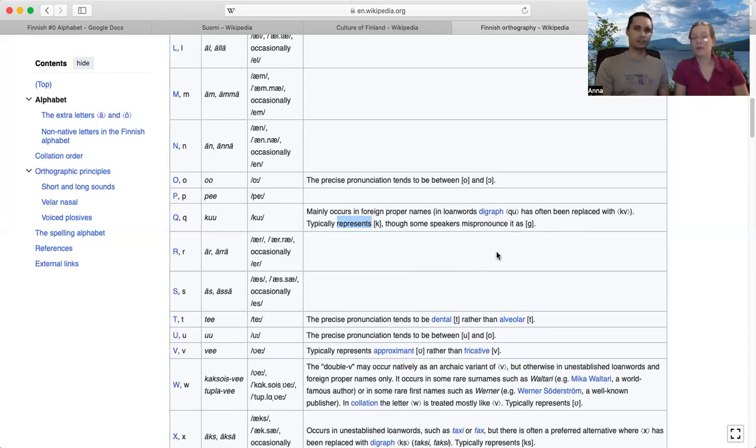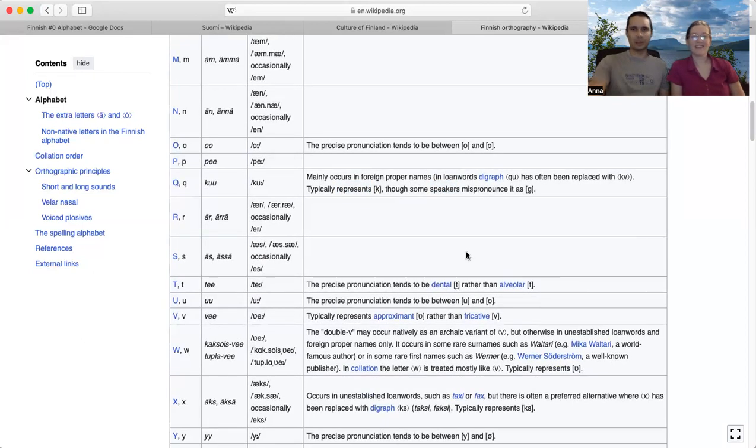Well, you're one of those native speakers who mispronounce it as G. I'm not sure if I would say it like that if the U is somewhere else. I might be the speaker who mispronounces it because it's so infrequent.